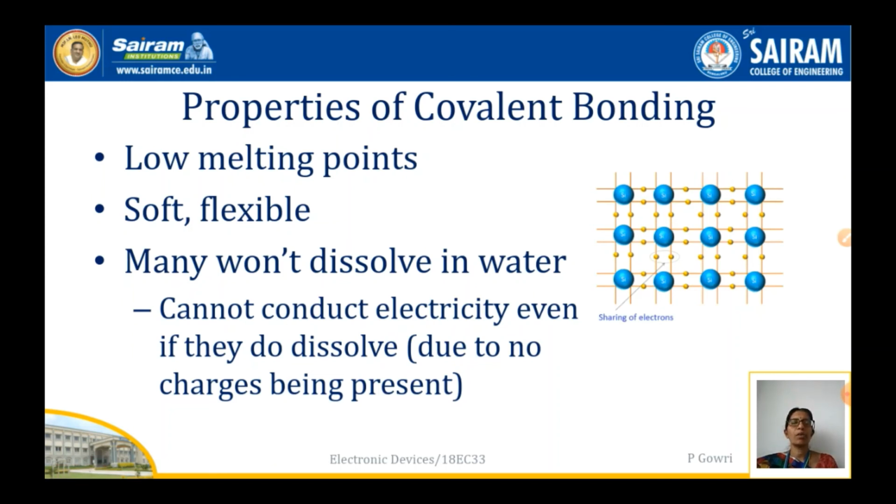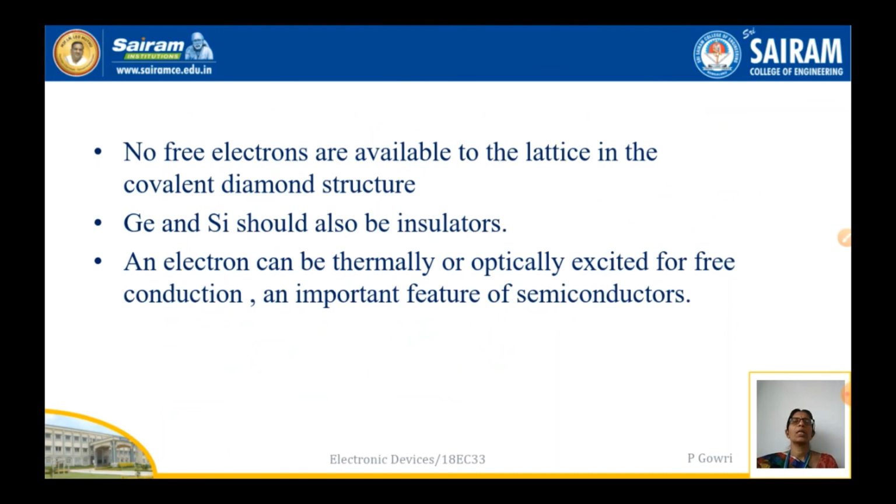Even if it dissolves, it will not have conductivity because there are no charges present, and there are no free electrons available in the lattice, and hence it should be an insulator. But an electron can be thermally or optically excited for free conduction, which is an important feature of semiconductors. Compound semiconductors such as gallium arsenide have mixed bonding in which both ionic and covalent bonding forces participate.